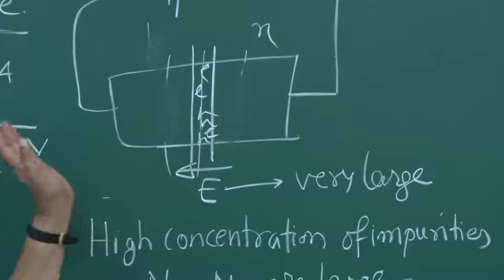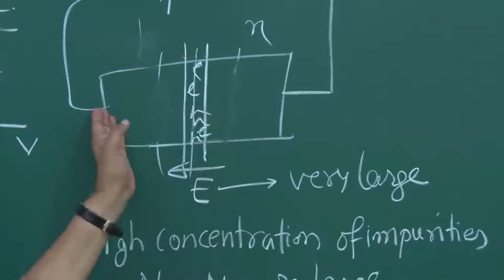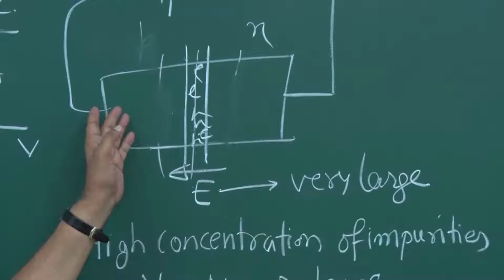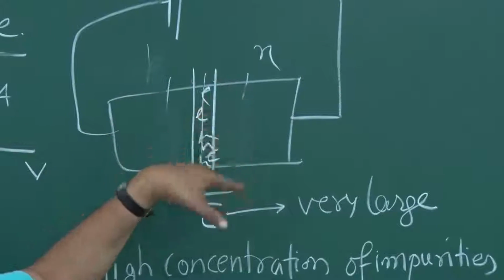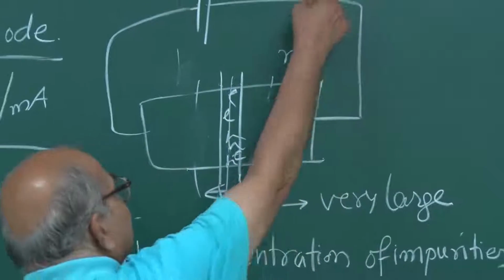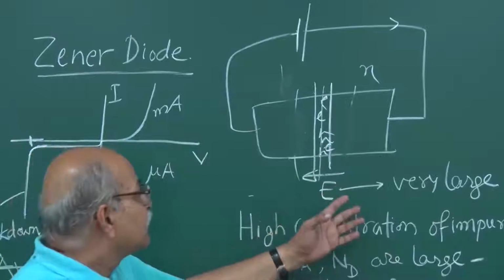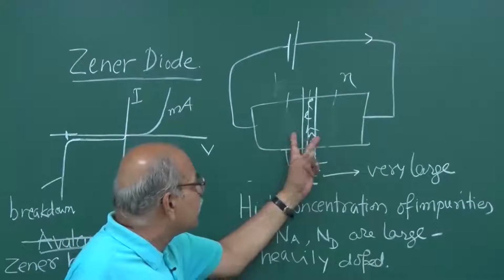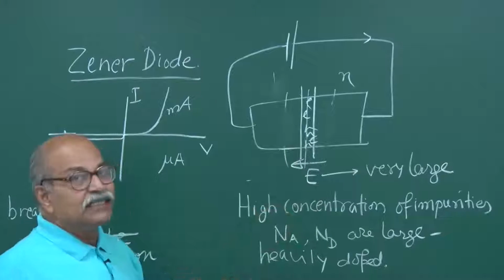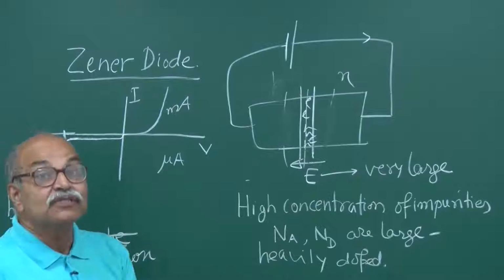The electrons go opposite to the field, holes go in the direction of the electric field, and so the current goes in the conventional direction, and that current can be very, very high. But the potential difference across this diode remains almost fixed.